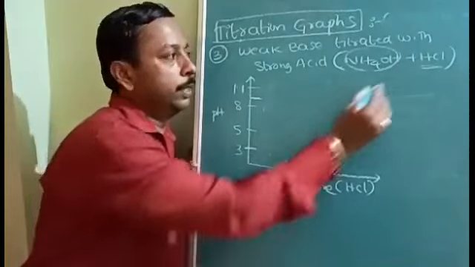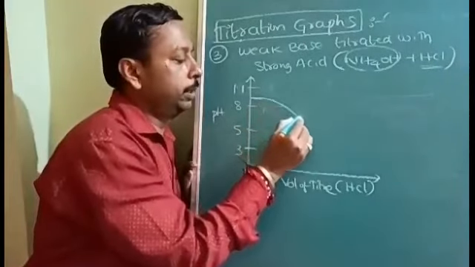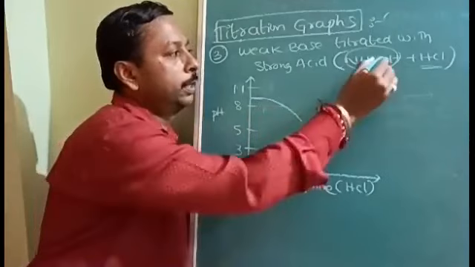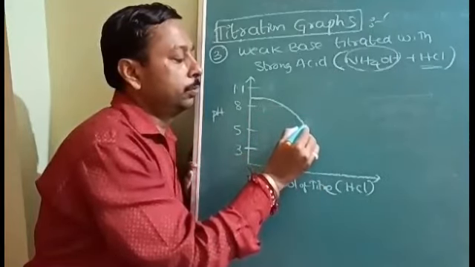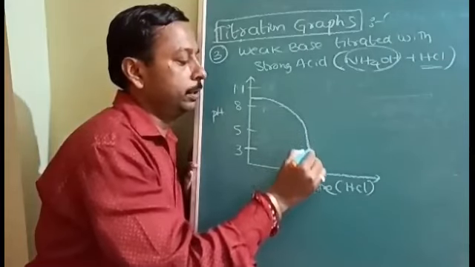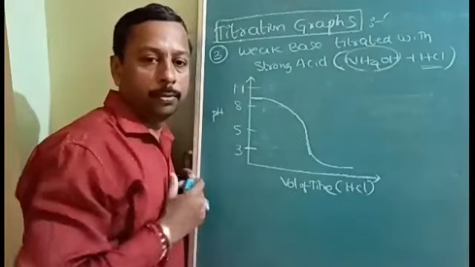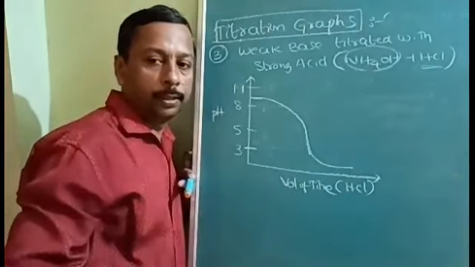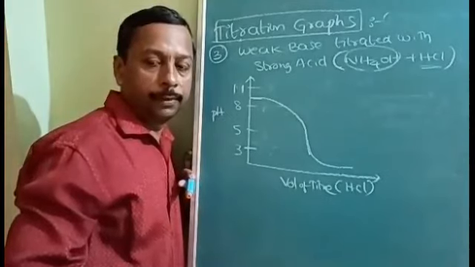Decrease, because we are adding the HCl. So once we add the HCl, it will keep on decreasing. Starting base is there, therefore steepness will be less. But as soon as more HCl is added, then steepness will increase. Then the curve is going to be like this. Is this concept of drawing the graph clear?